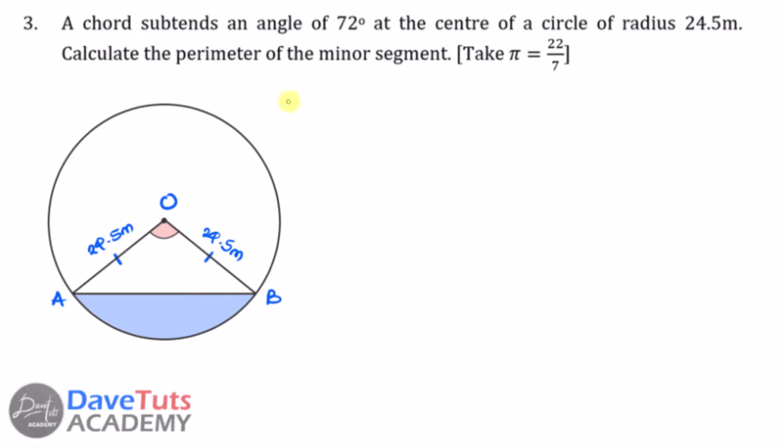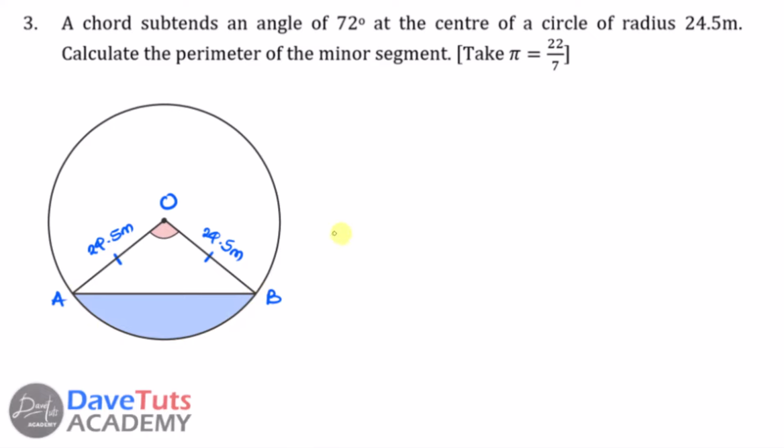So we now want to calculate the perimeter of the minor segment. That means it is this length AB on the straight line and this length of arc AB, because the perimeter is going to add all of the sides of that segment. So it will be the addition of this length AB, which is the length of the chord, and the length of the arc AB, this curve here.